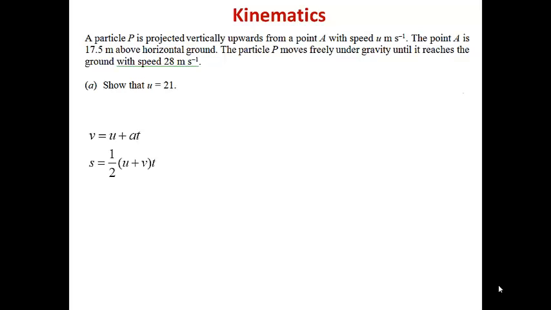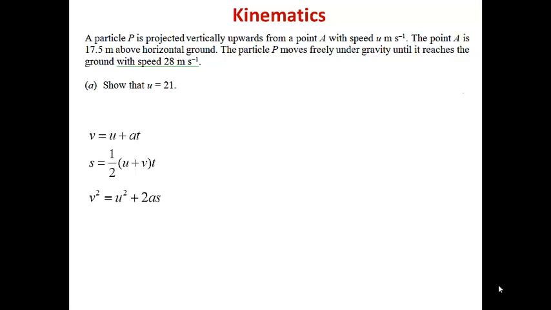The second formula, s is a half (u plus v) times t. A half (u plus v) is the average velocity, so the distance travelled is the average velocity times time.